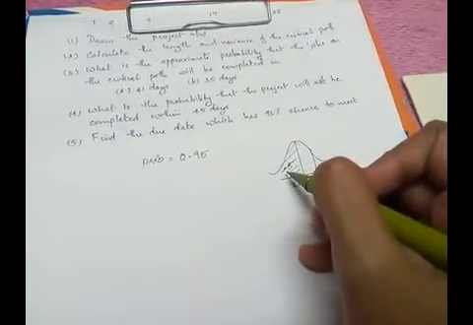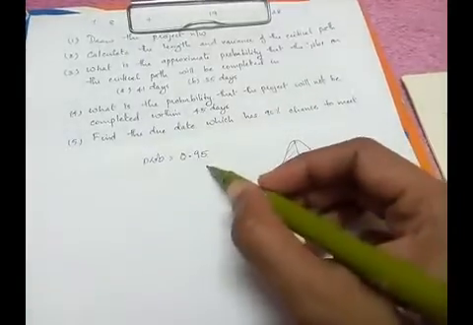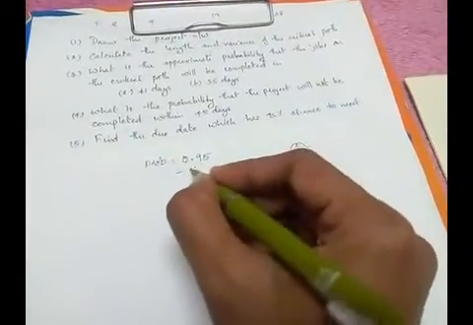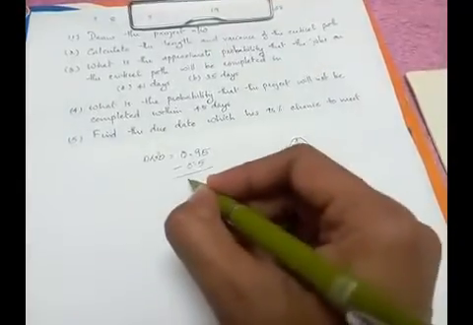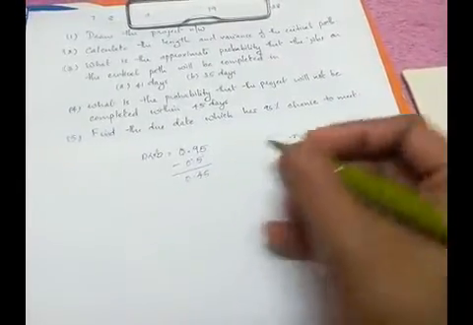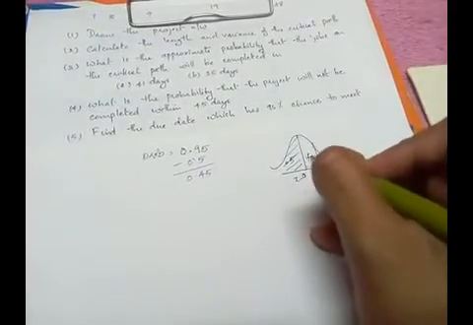So if 0.5 is here, then for the remaining area, just reduce 0.5 from the given probability and we'll get 0.45. That means here the area is 0.45.